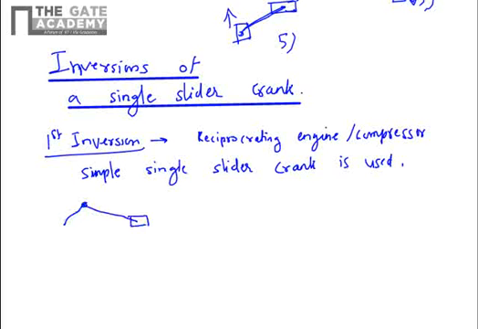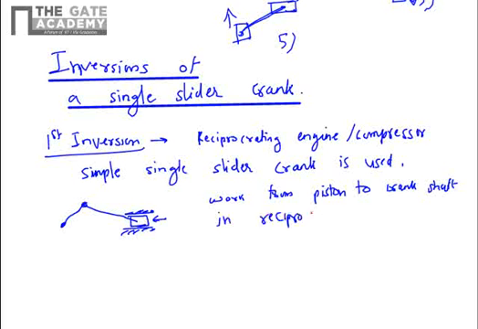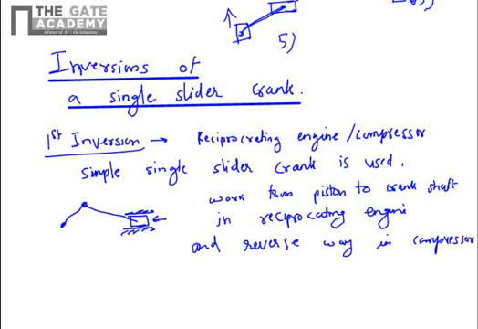You have a crank, you have a connecting rod, piston, liner. So in IC engine or reciprocating engines, this is used to transfer work from piston to crankshaft in a reciprocating engine, and the reverse way in a compressor.